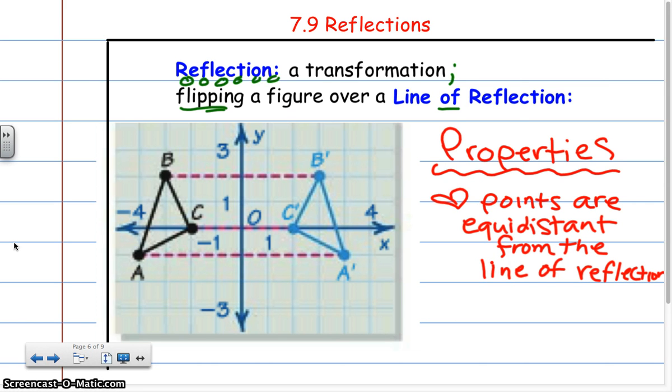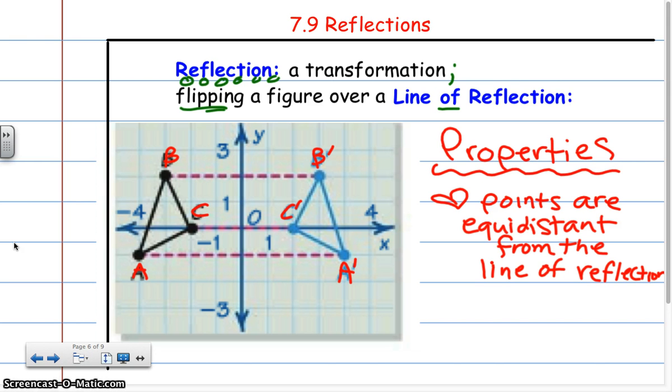So if I know where my line of reflection is, let's take a look at this diagram that I have and really analyze this. This is a triangle ABC. The new triangle, remember when we name new parts, we do it A prime, B prime, C prime. That's the new triangle. Try to visualize, where is the line of reflection?